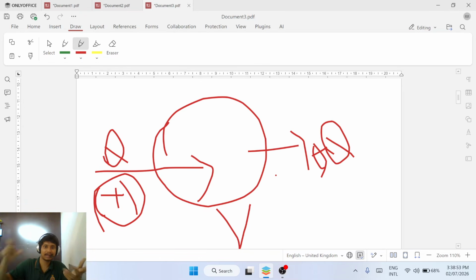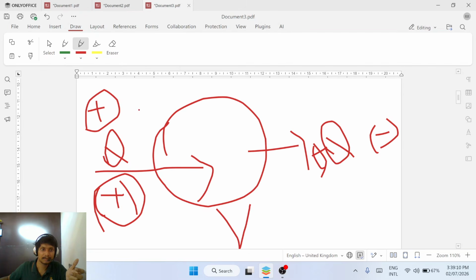If energy comes to the system, Q will be a plus value, Q greater than zero. If energy is released from the system, Q will be a minus value, Q less than zero.